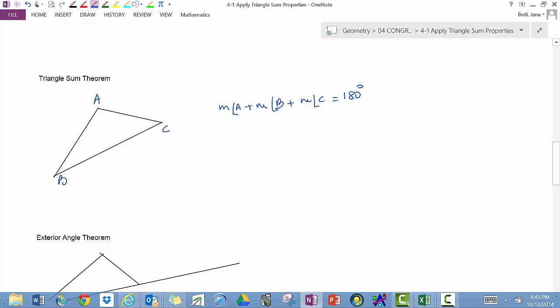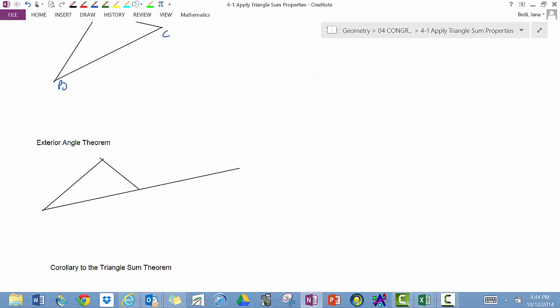The sum of the interior angles of a triangle is 180. Interior angles add to 180 degrees.